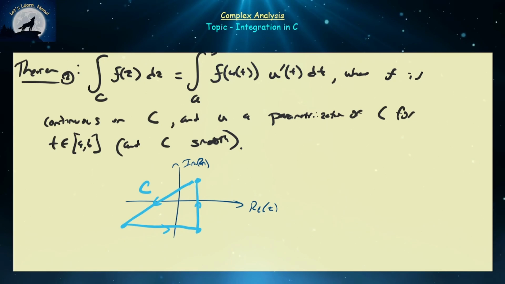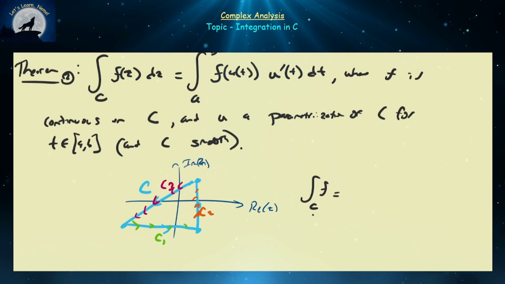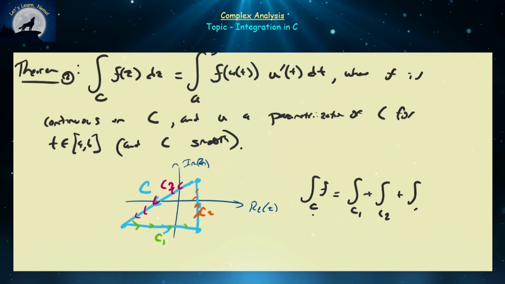For example, we can do C1 to be equal to this, C2 to be equal to that, and C3 to be equal to that. And then by the properties of integration and sets, the integral of f over C will be equal to the integral over C1 plus the integral over C2 plus the integral over C3 for that particular function f, and you'll get the same answer.